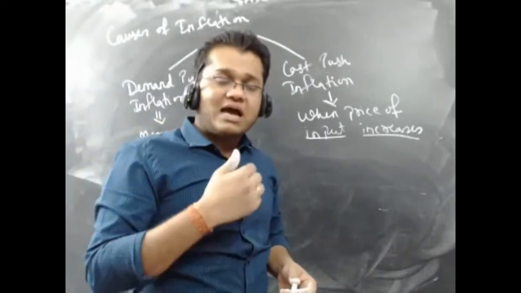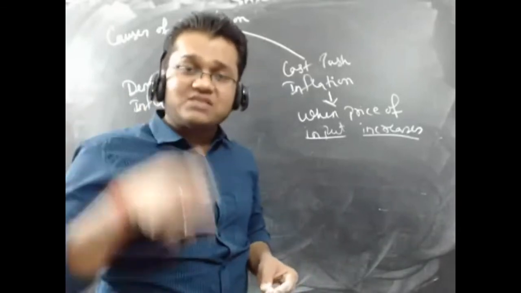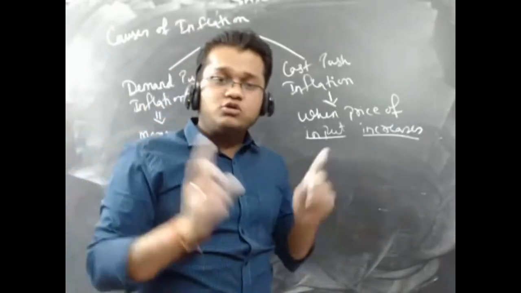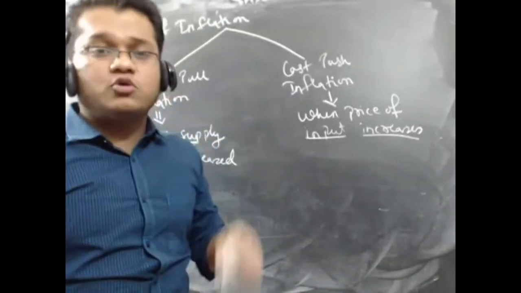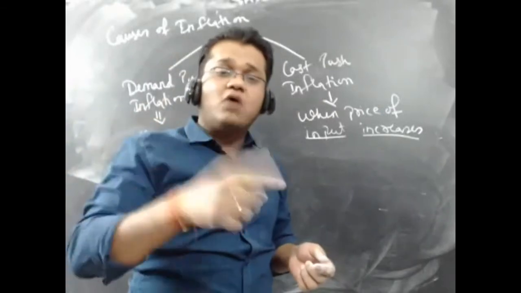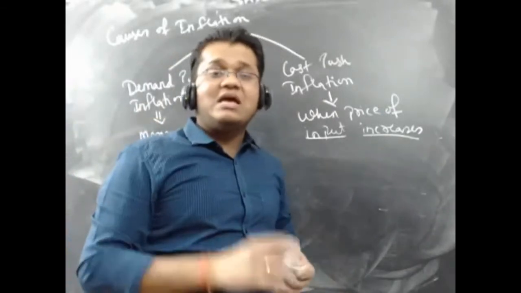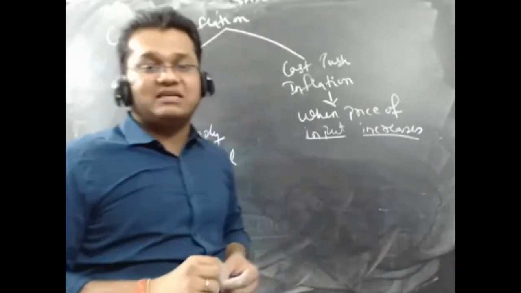I am able to pay them more money only because my customers are paying me more money. So how are consumers able to pay more money? Consumers are able to pay more money again because money supply has increased.